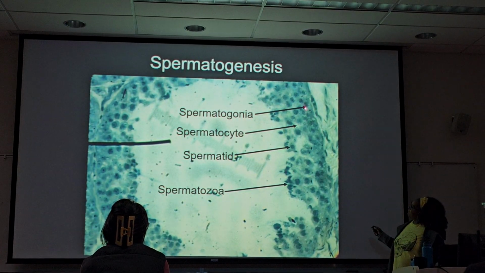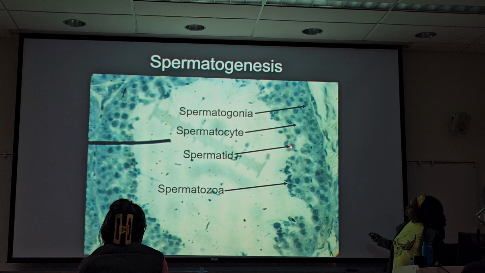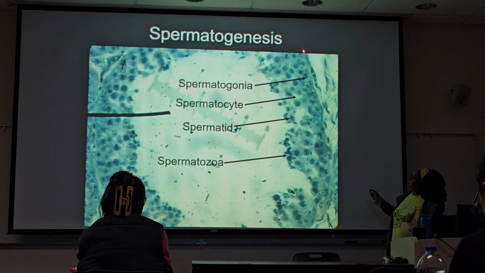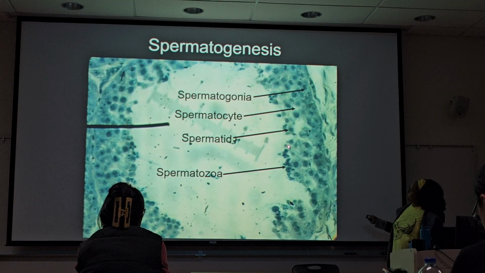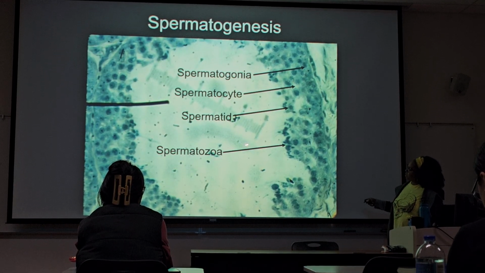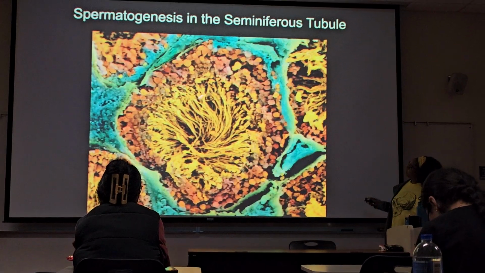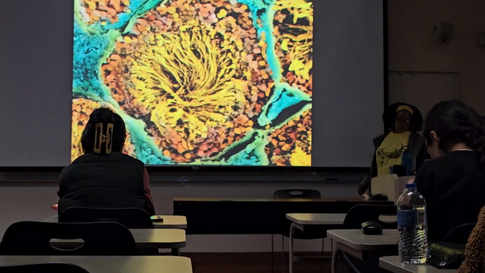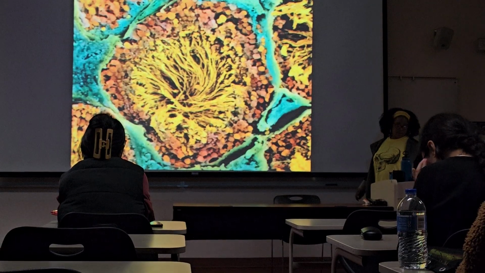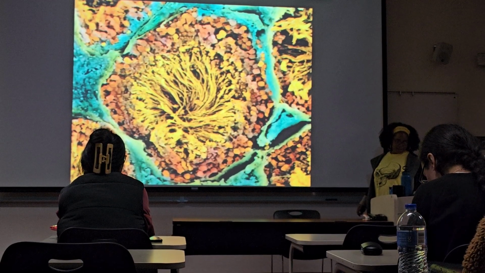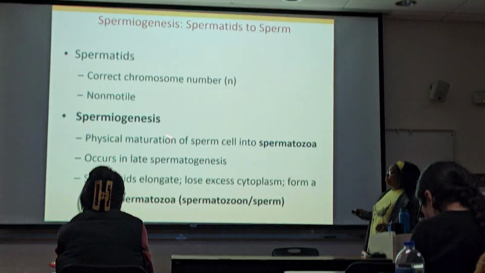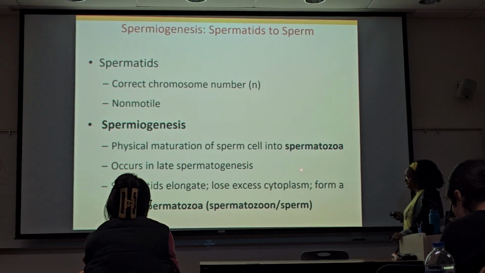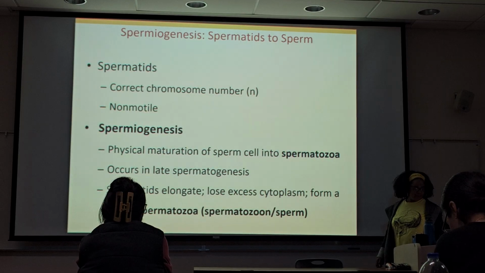And as that is happening, these cells move from the edge of the wall of the seminiferous tubule deep within to the inner lumen, and then the spermatozoa enter into the lumen of the seminiferous tubules. And so after the spermatids are made, the haploid cells, they have to go through the physical change, spermiogenesis, and mature into spermatozoa, where they have that elongated head and the tail.